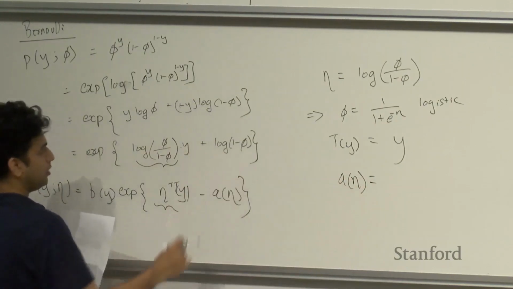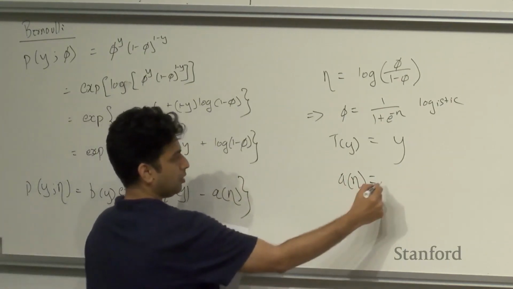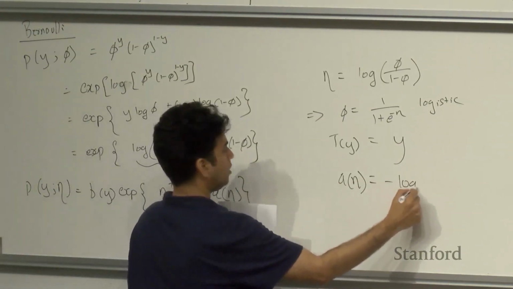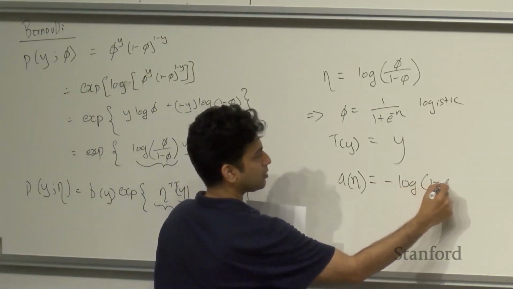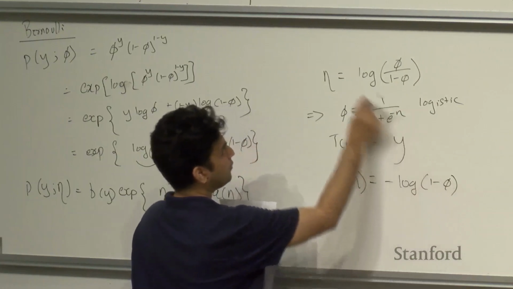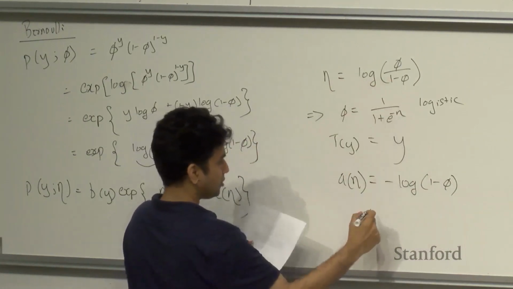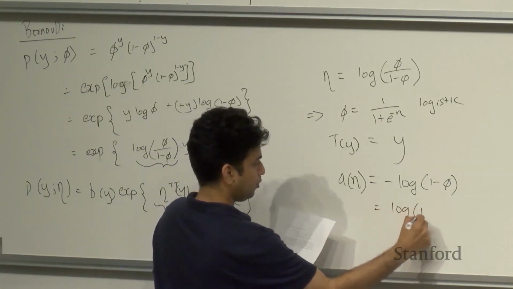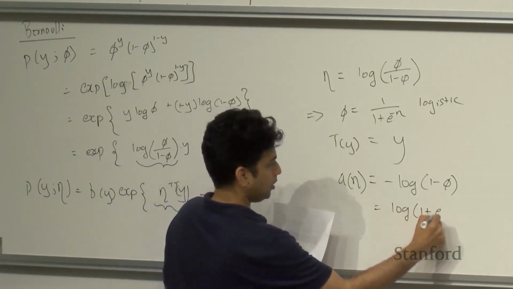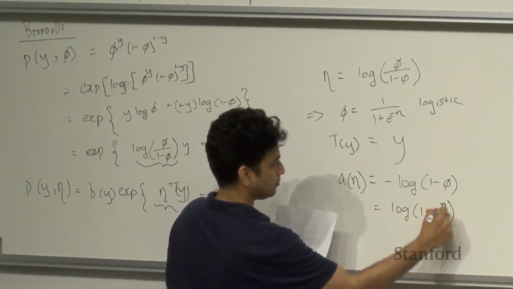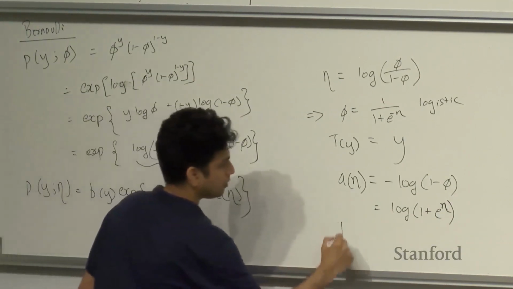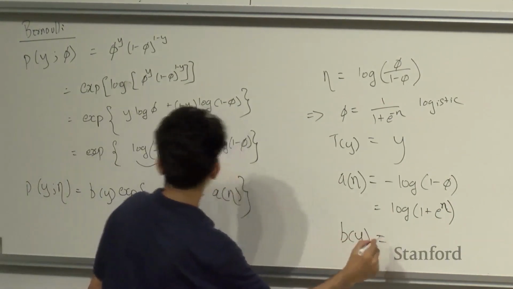So A of eta is equal to minus, because A has a negative sign, minus log 1 minus phi. And if you plug in phi from this expression, A of eta will end up being log of 1 plus e to the eta. And B of y is just 1.